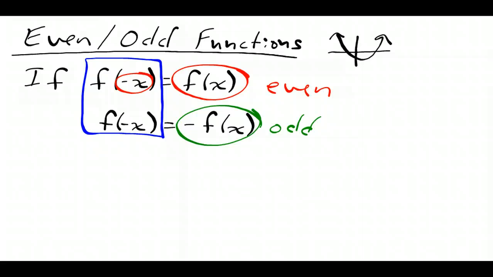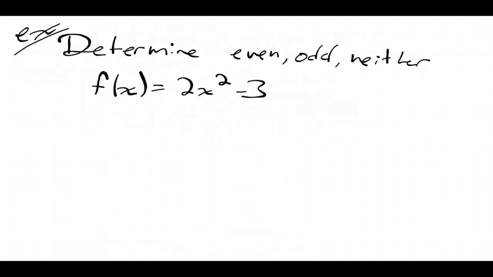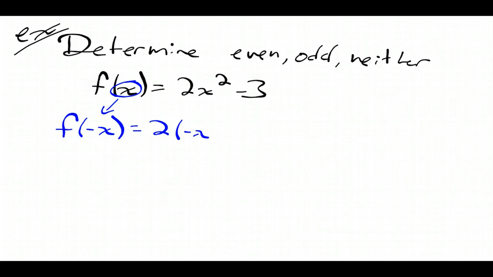Let's look at an example and see what I'm talking about. Determine even, odd, neither. So it's going to be one of the three. Of f of x equals 2x squared minus 3. In order to test even, odd, or neither, we're going to take f of negative x, just like we saw in our rules, and see what it is in your function. So if I plug in negative x wherever I see an x, all it's doing is replacing x with negative x. 2 times negative x squared minus 3.